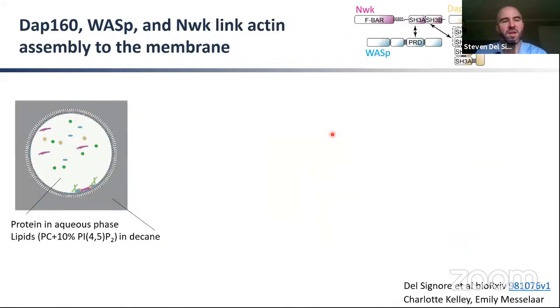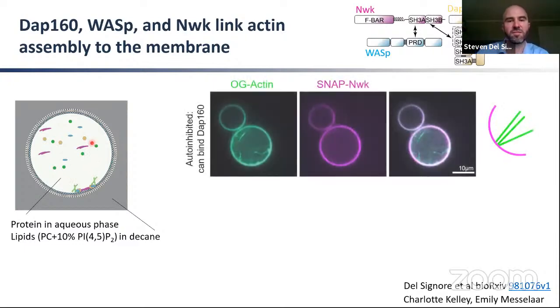And then we can visualize this directly. This is just one more in vitro experiment, taking the proteins in an aqueous buffer, and this is floating in a sea of lipid. So there's a membrane lipid interface right at the boundary. Then we can ask what happens to these different nervous rec variants.